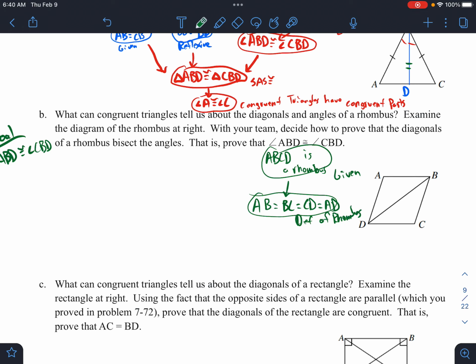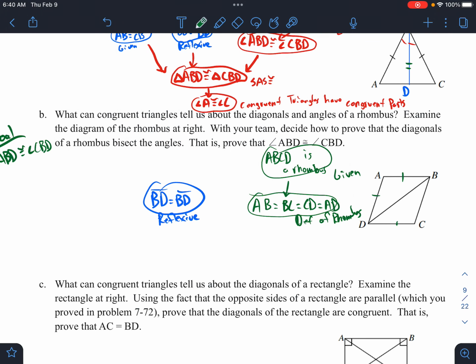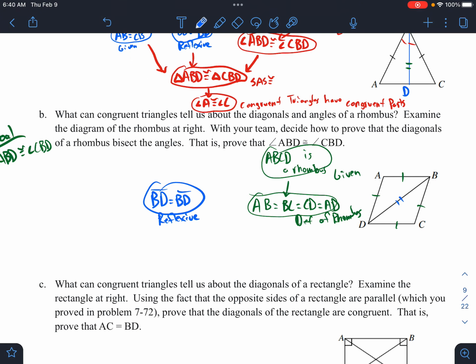We also know, if we look at the triangles, that BD is equal to BD. This is the reflexive property. So I'm just going to mark this. I know all my side lengths are equal, and I know my shared side on my triangles is equal.